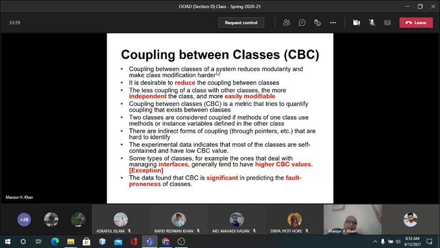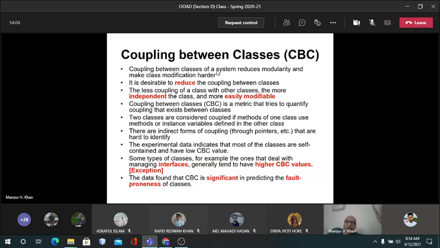And CBC is significant in predicting fault proneness of a class. It is desirable to reduce the CBC values because the more the class is coupled, the more difficult it becomes to modify the class. The less coupled classes are more independent, more easily modifiable.